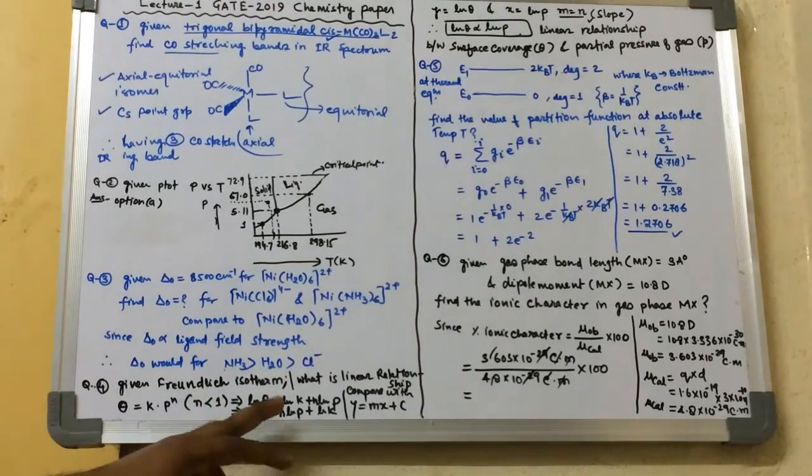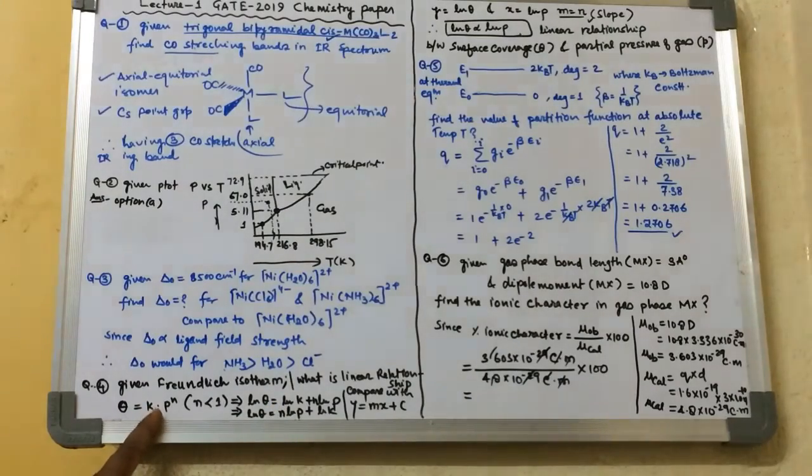You will get ln theta, and on the right I use the ln of a product: ln of k times p^n opens to ln k plus n ln p, because the power of p comes before the ln.